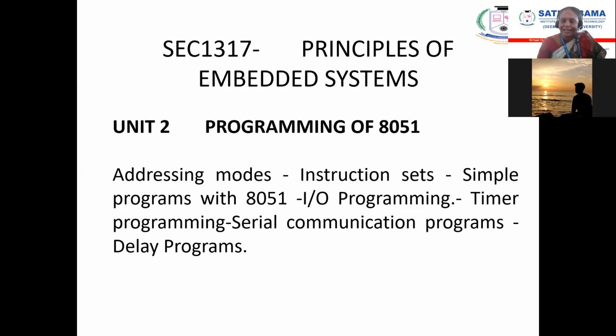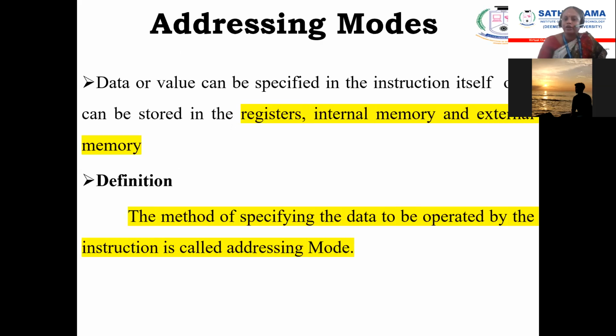I think you have studied addressing modes in the 8085 and 8086 microprocessors. So we will slowly move on to the topic of addressing modes. What is addressing mode? The data, meaning the value, may be specified in the instruction itself, or it may be stored in a register, internal memory, or external memory. We have two memories: internal memory and external memory.